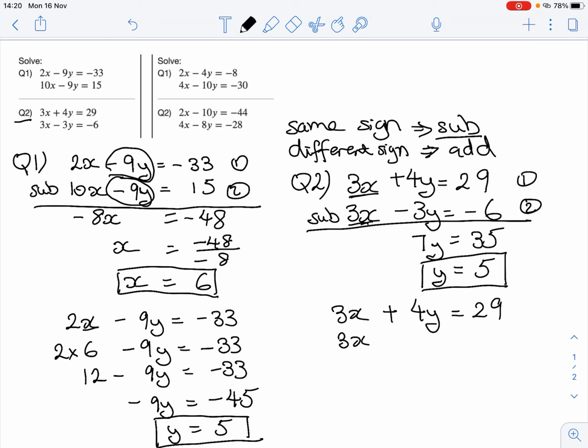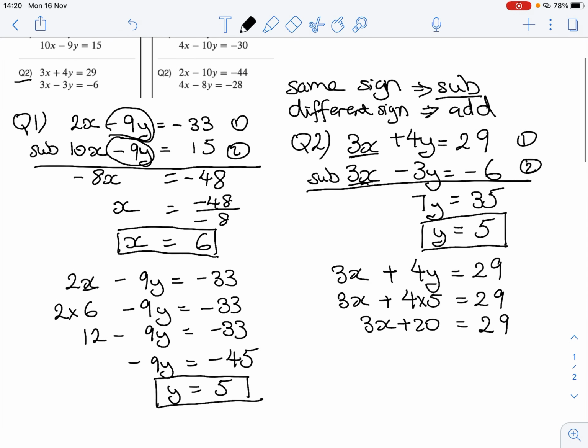We know y is 5, so we do 4 times 5. 3x plus 20 equals 29. We're just going to solve the equation now. So 3x equals, subtract 20 on both sides, we get 9. So x equals 3.